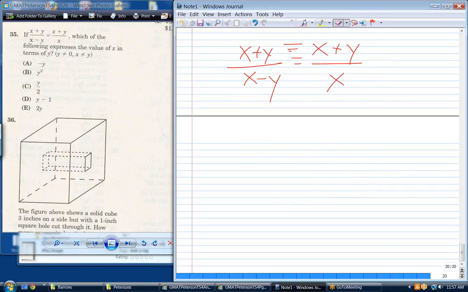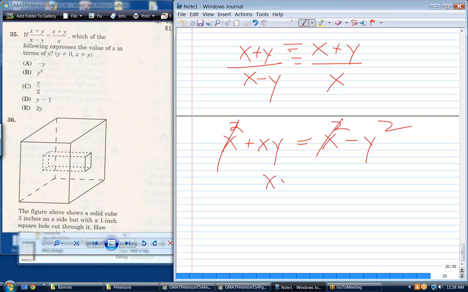Let's just take one more step here and cross multiply just to see whether it produces anything interesting. X squared plus xy, this is the difference of squares, x squared minus y squared. So that does kind of help. I think that takes out that.